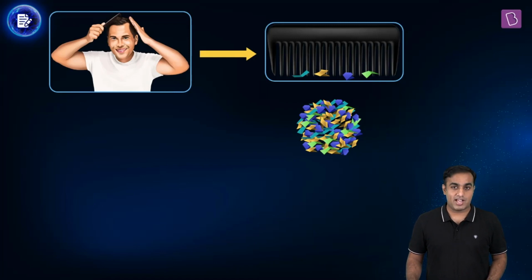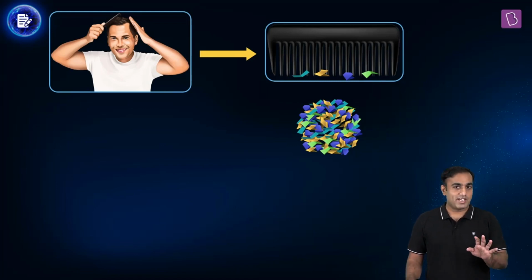Let's understand what happens when the comb is brought near some pieces of paper. Well, we are assuming that these pieces of paper are neutral to begin with. In that case, the nearer side of the paper, which is facing the comb, will get opposite type of charge induced on it.